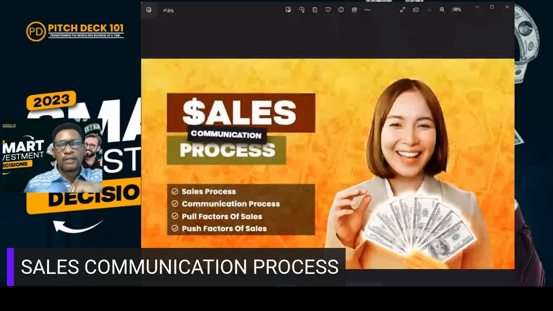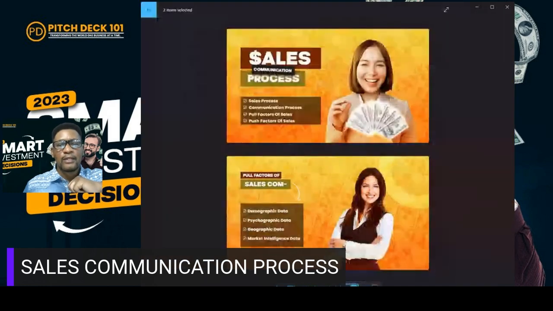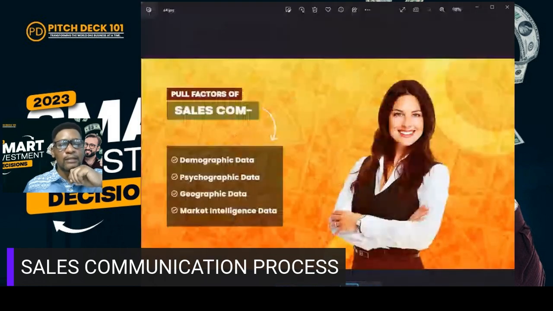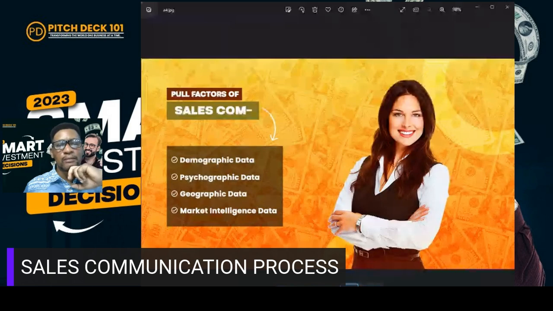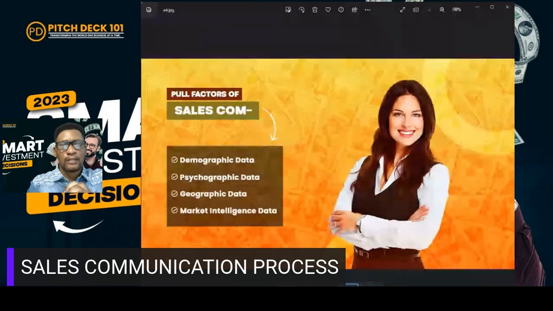It is necessary that you take the time to understand demographic data, psychographic data, and geographic data. And all of this rests on the shoulders of market intelligence data.